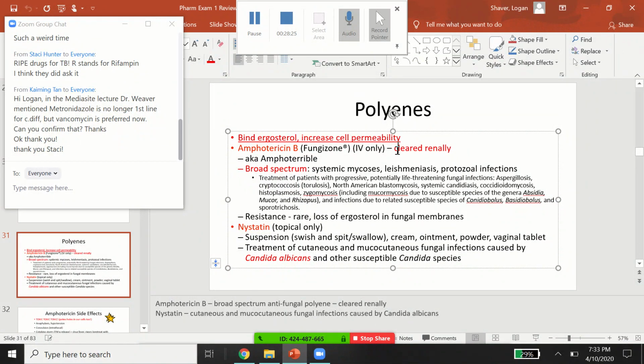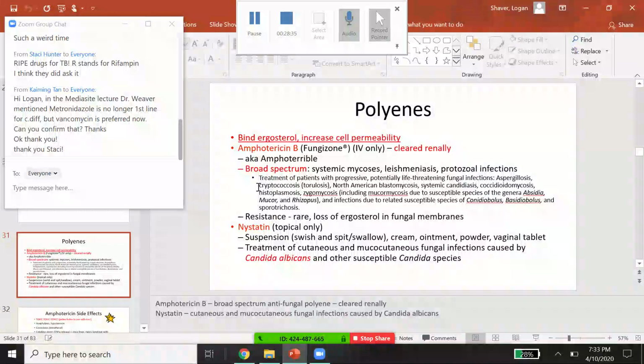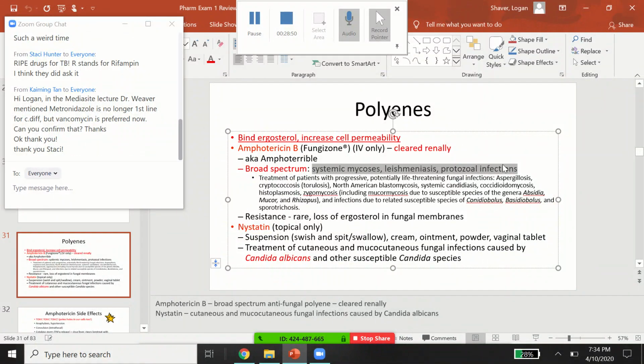Also, a little fact I took from another slide to get rid of that slide is that it's cleared renally specifically. It's very broad spectrum, however, even with those toxic side effects, it still has a purpose because it's very broad spectrum and can hit all of these things. But more than likely, if she were to ask you anything specifically out of here, like what it might hit, it would be more of these top answers instead of this big hunk of things here.